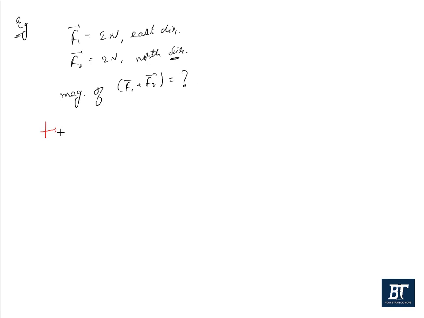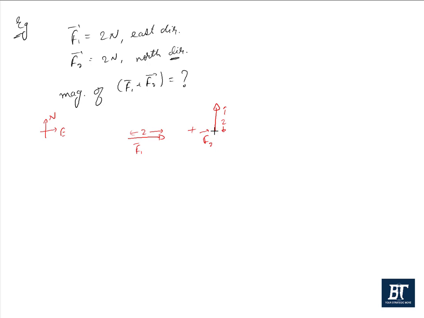So we will first draw these two forces. So vector F1 is acting along east direction, and its length is equal to 2 Newton, and vector F2 is acting along north direction, and its length is also equal to 2 Newton.